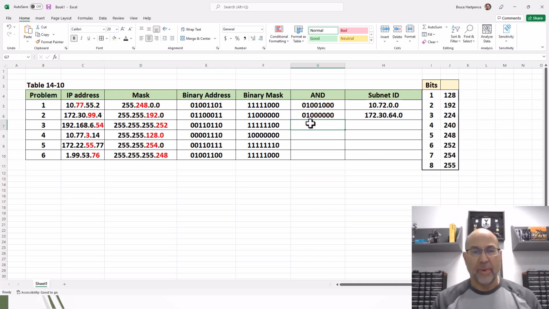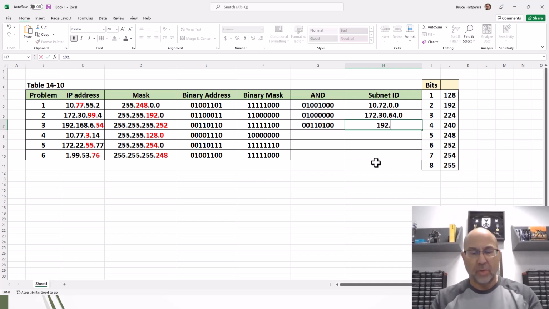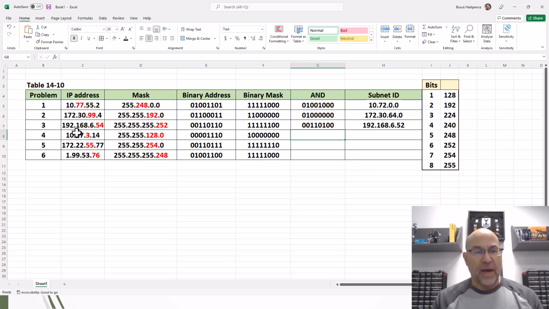We have to make sure we remember that. So we go 0, 0, 1, 1, 0, 1, 0, 0. Let's see what this works out to be. That's 32 plus 16, 48 plus 4, 52. So we're going to go 192.168.6.52.